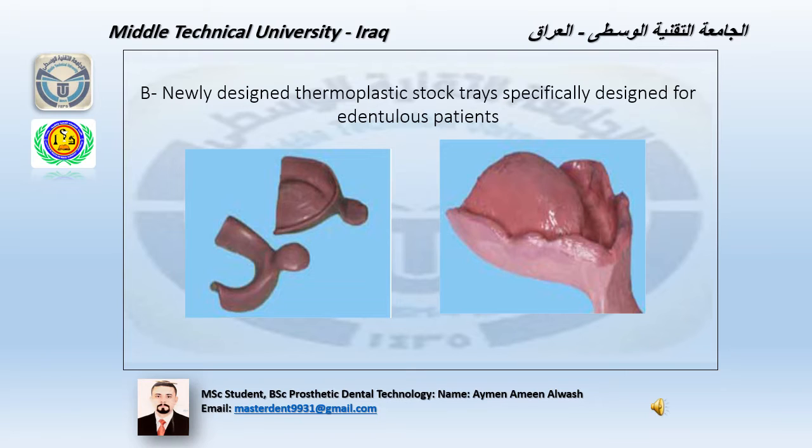Then I insert it inside the patient's mouth and adapt it directly to the tissue. I will get fit, accuracy and good details. Also an advantage of this type is that if shortening is needed, another thermoplastic impression material may be added to cover the desirable landmark, and I can use scissors for shortening this border.